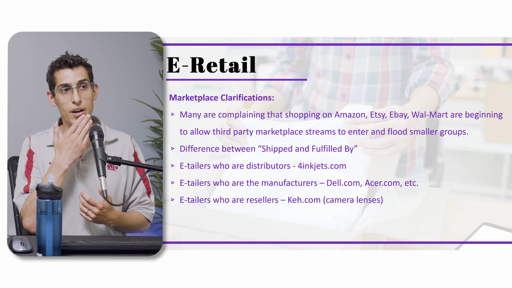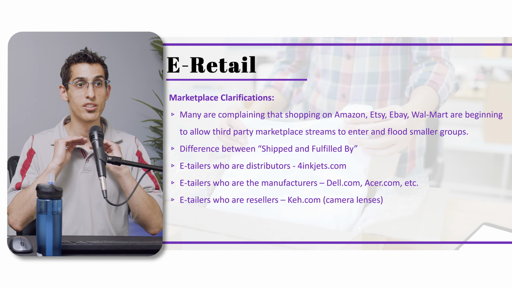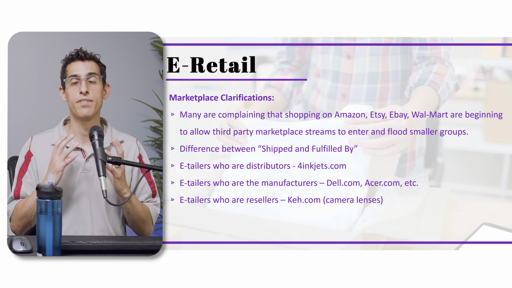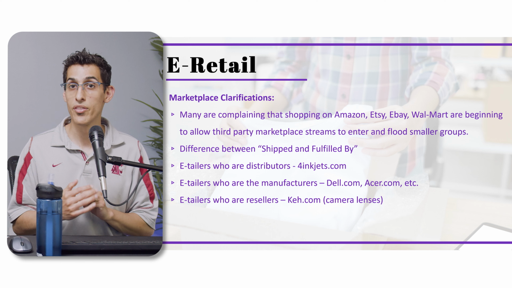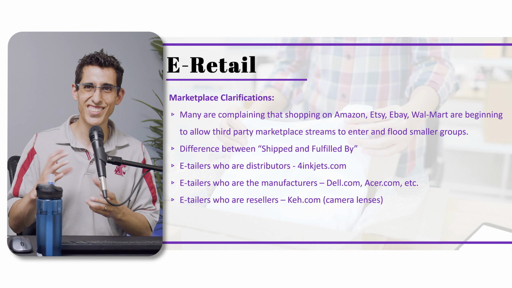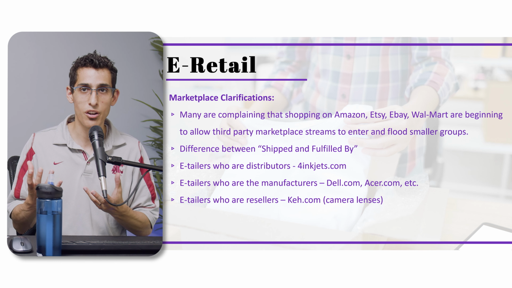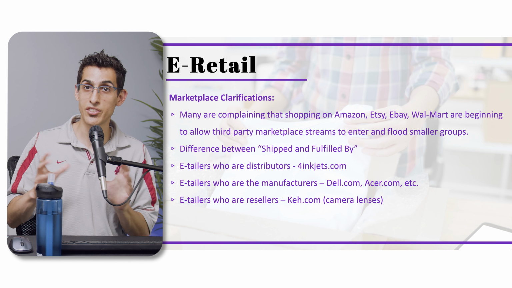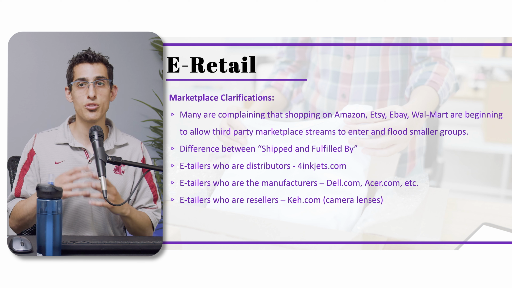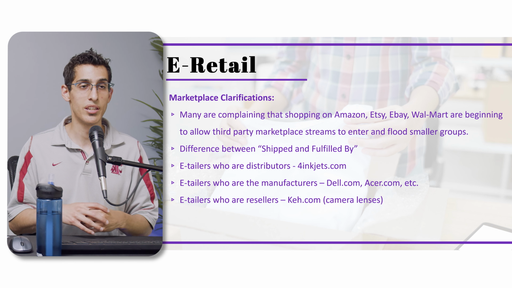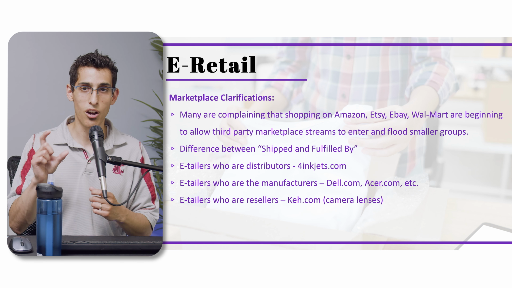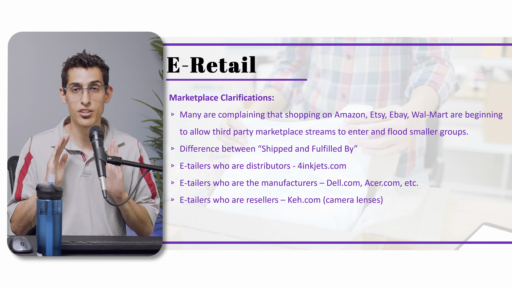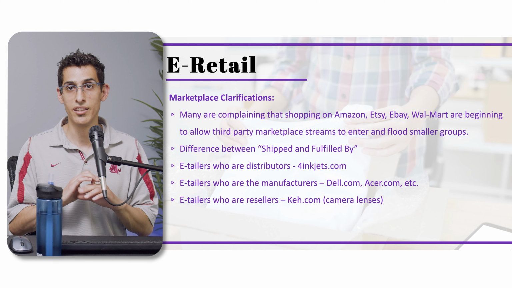The other thing to think about is e-tailers who are just straight distributors. ForInkjet.com is a phenomenal example of this, where they have their own product, but it's basically ink and toner cartridges for printers. They just kind of slap their label on it and they sell it on their website. And usually it's discounted or cheaper than purchasing an OEM ink cartridge from Staples or Walmart, but that's all they do is just toner and ink, nothing else.